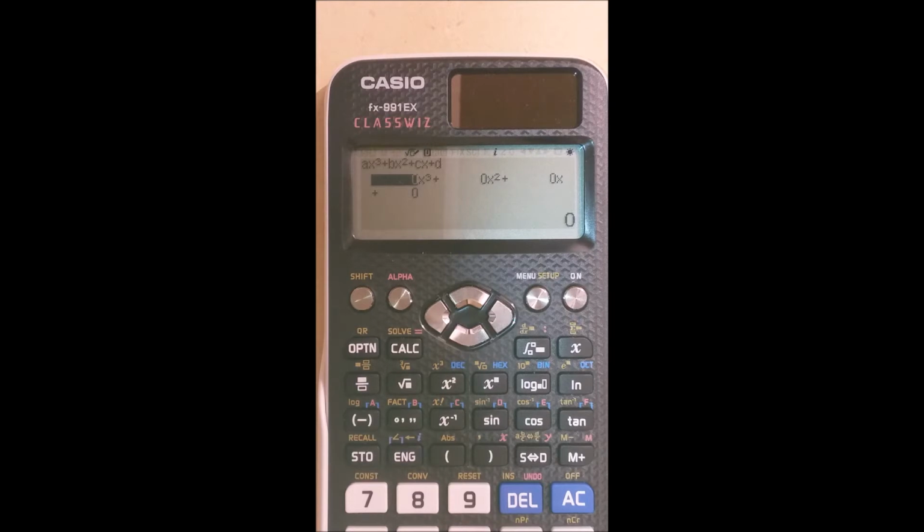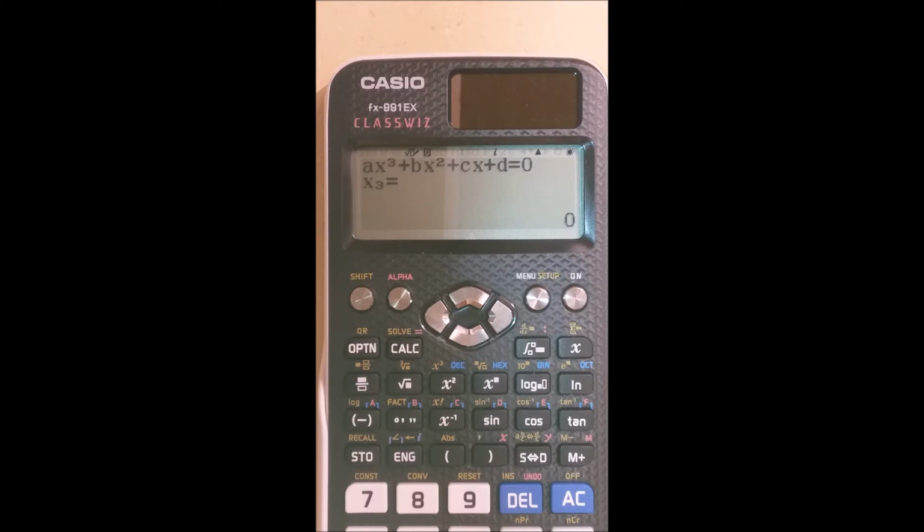Okay, this allows me to put in 3 numbers, but I'm going to do 1x cubed, so I'm going to go 1 equals, and negative 2x squared, so I go negative 2 for the x squared, and I'm going to go negative 3x, so I go negative 3, and I'm just going to use 0 for my constant, so I'll go 0, and I'm going to hit the enter key again, and x1 is equal to 3, x2 is equal to minus 1, and the third value is 0.